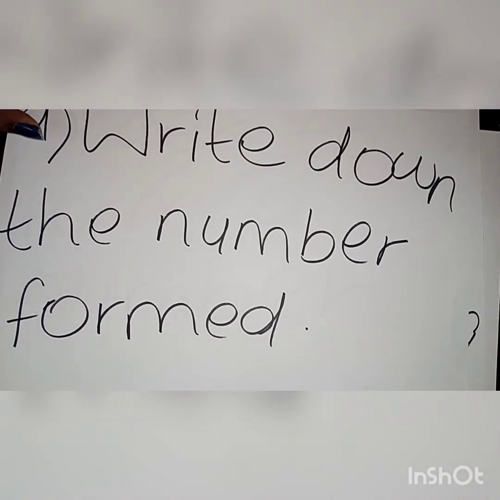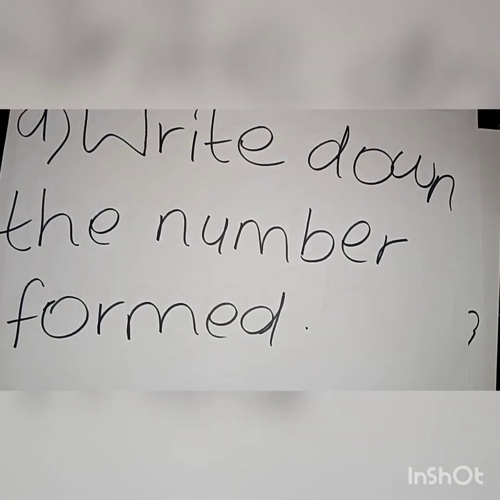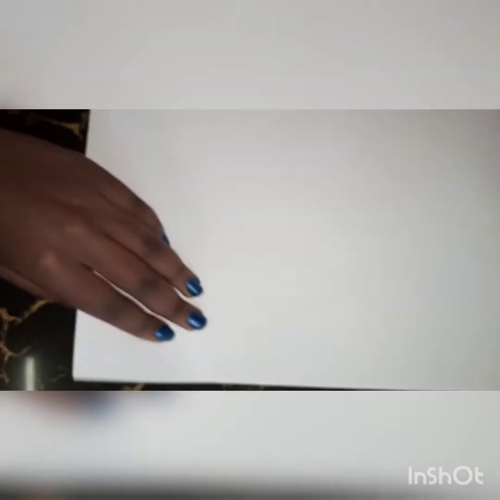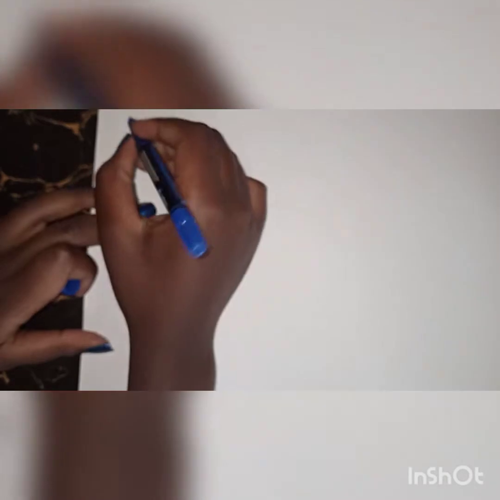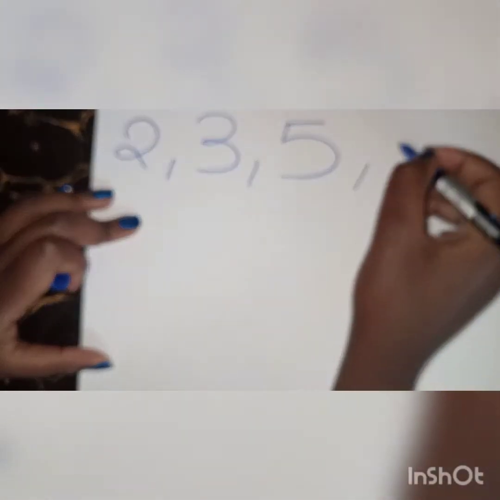Okay, and so for the first part of the question, we need to remember what we said about prime numbers. We said that a prime number is a number that's only divisible by 1 and itself, okay? And we also established that the prime numbers less than 10 are 2, 3, 5, and 7.